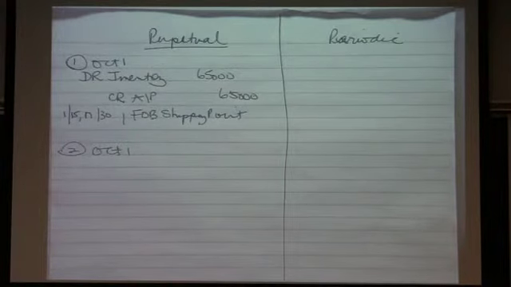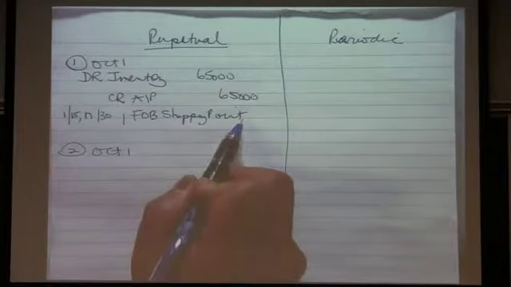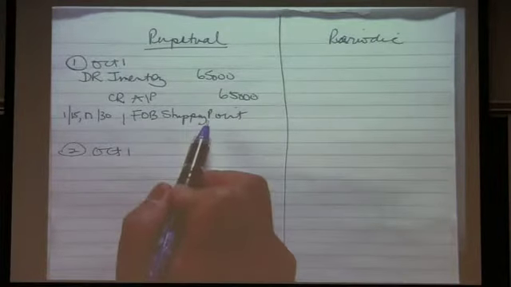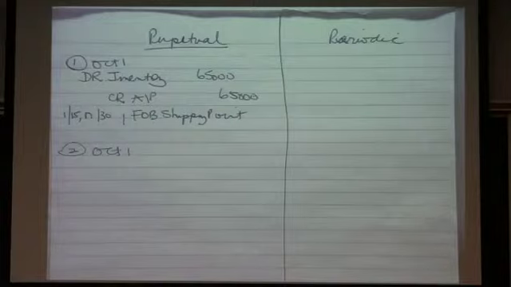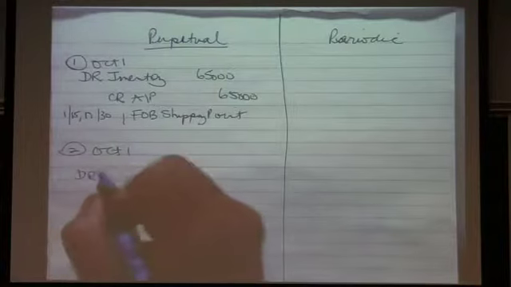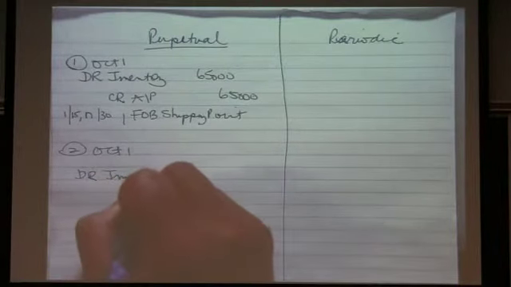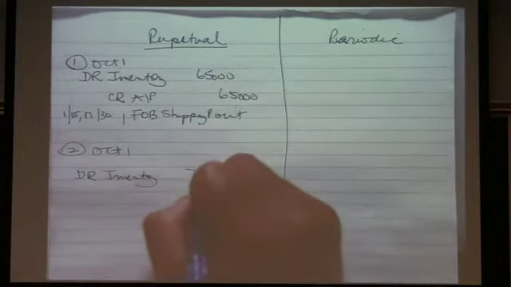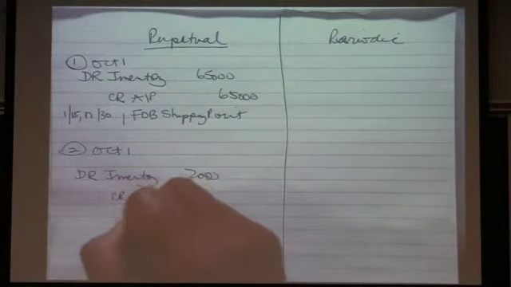In this case, because it's FOB shipping point, the buyer is responsible to pay for the shipping, and the buyer would be the company. So you would debit inventory for the shipping charge and credit cash.